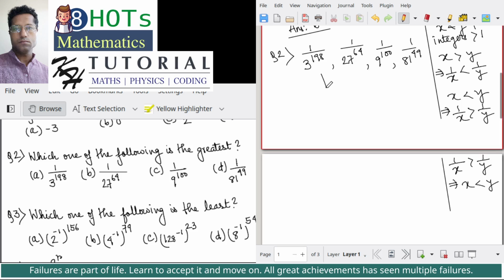So the task remains that I have to find the smallest among all the denominators.